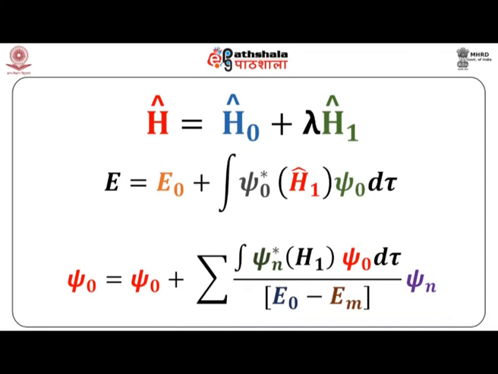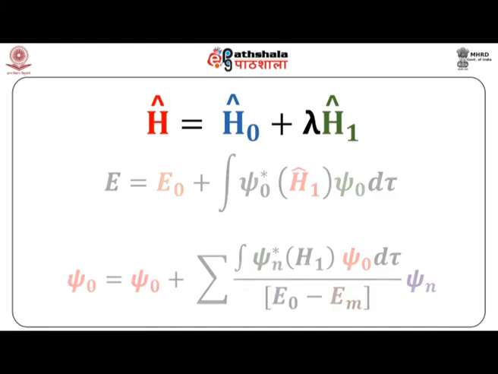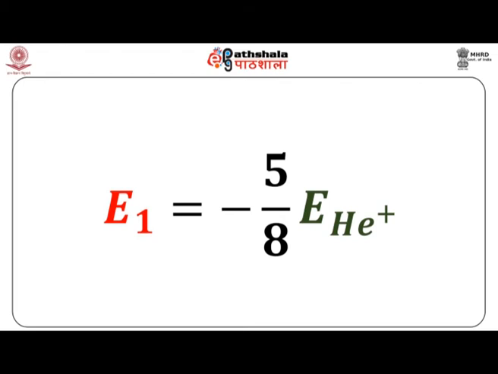So using all these equations, we found that the first order correction to the energy is given by the expression equal to 5/8 energy of helium ion.